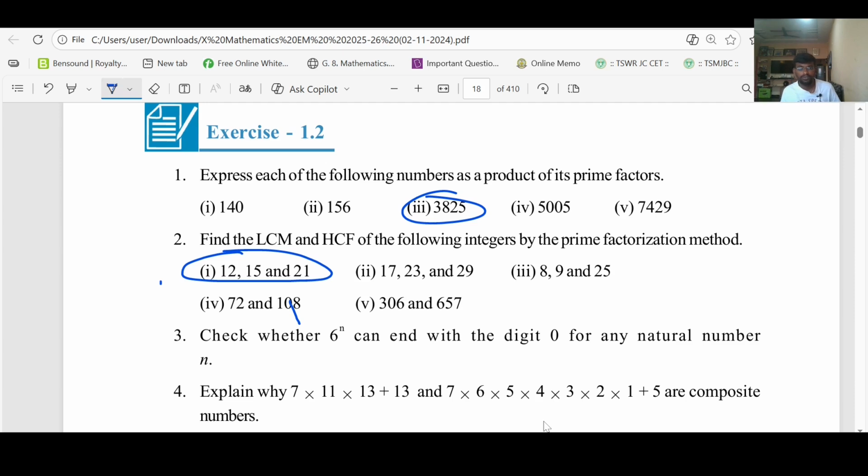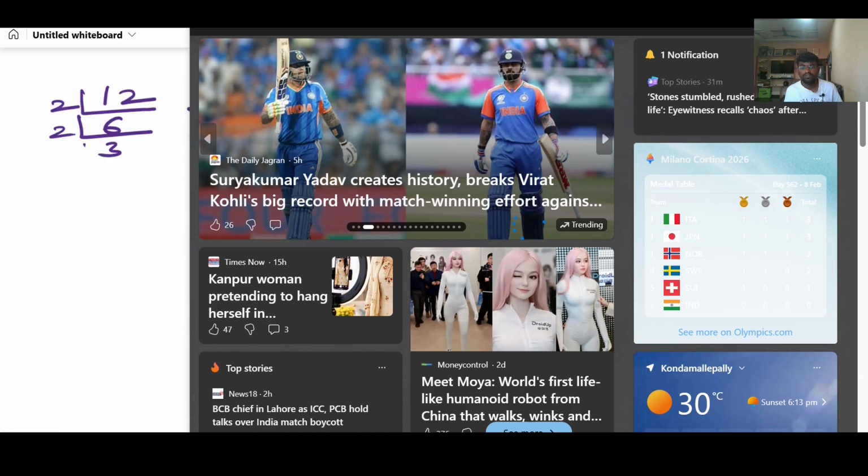And then the next one: check whether 6 power n can end with the digit 0 for any natural number n. Look here, same question.